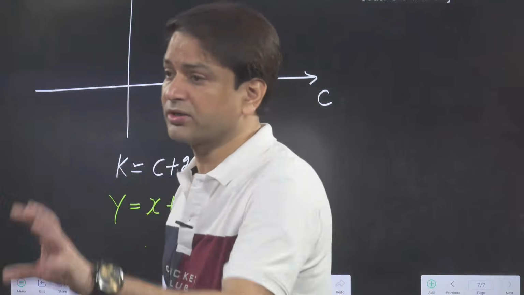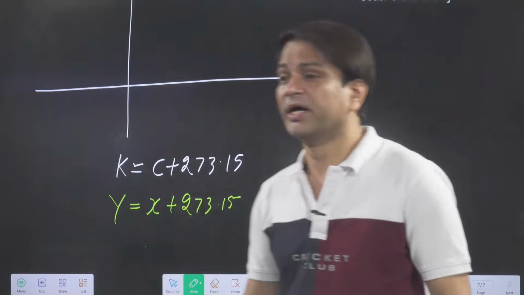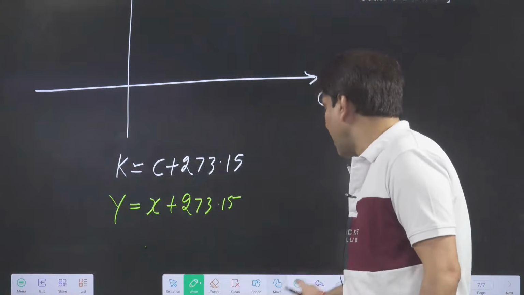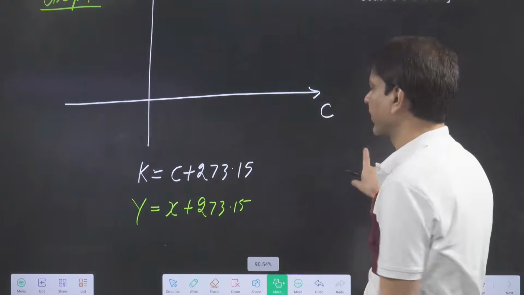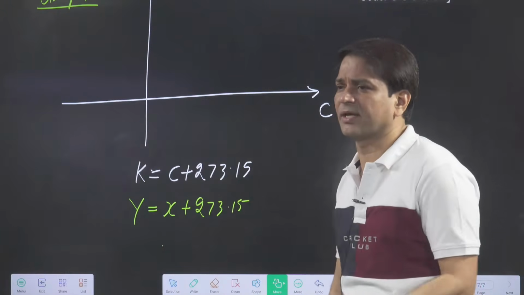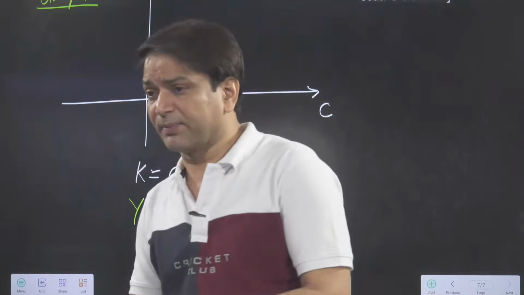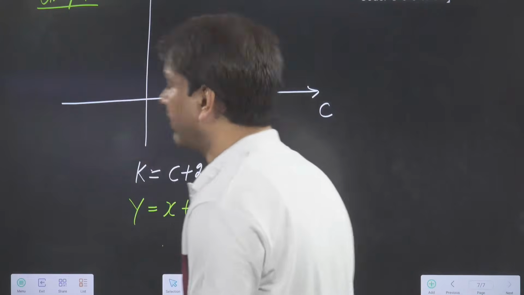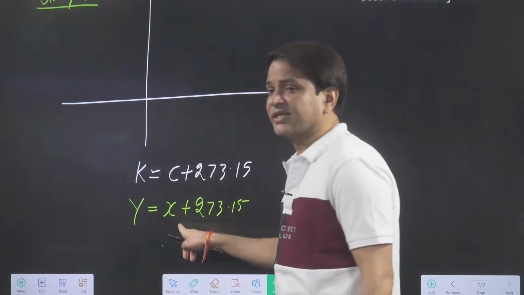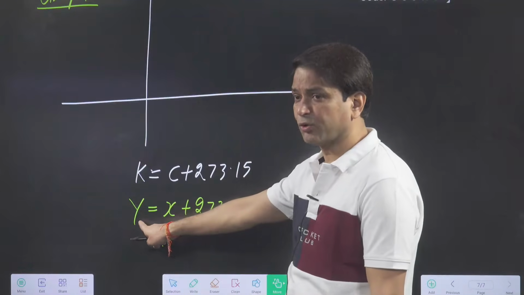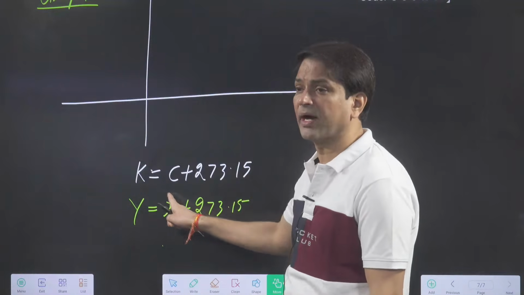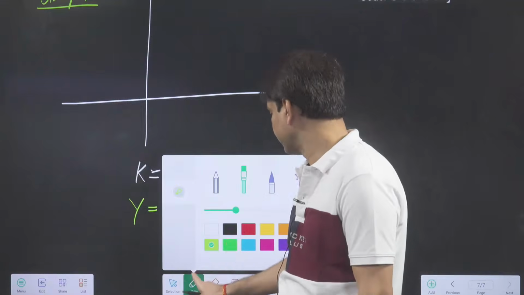So everybody got this? y is equal to mx plus c form. It is a straight line. How to draw the straight line? Maybe directly we can say also, I know the y-intercept will be this. But I said the method is: we will find one point on the x-axis, one point on the y-axis. For the x-intercept, y will be 0. If you put y as 0, the x value will come minus 273.15.